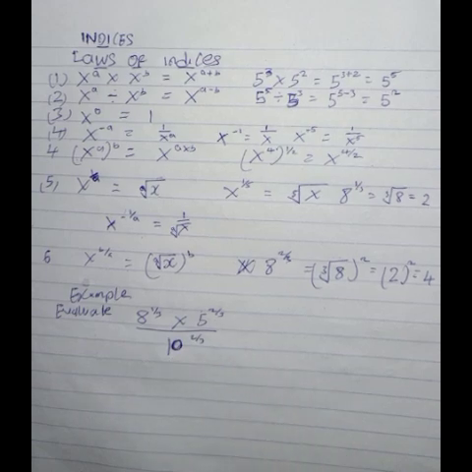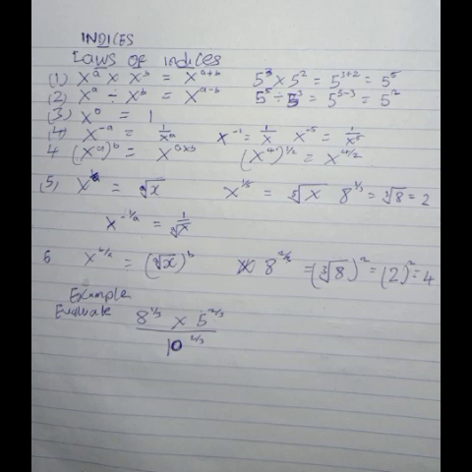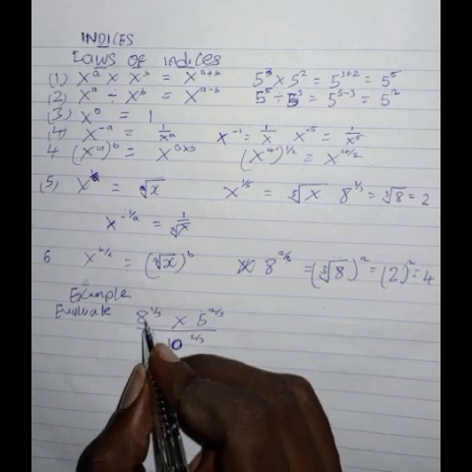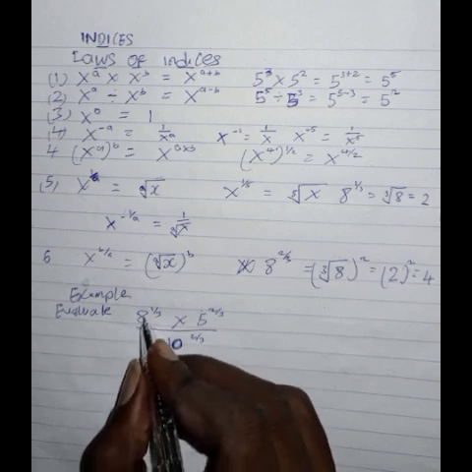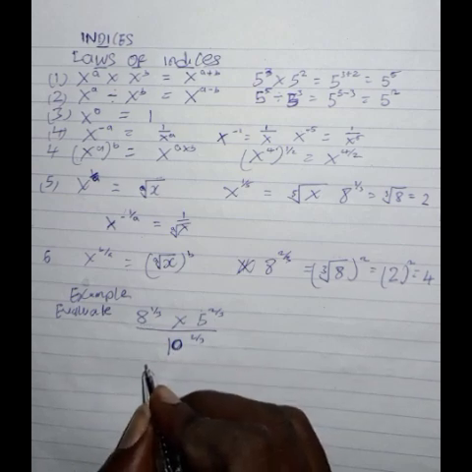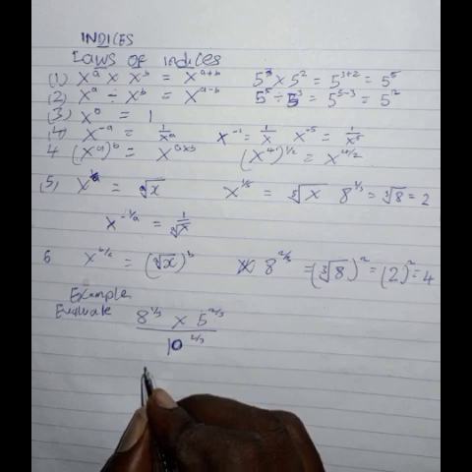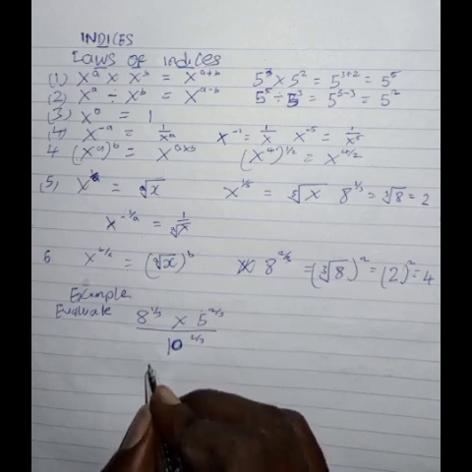So what do I do to make the bases the same? Then I can apply some of the laws. Now I can break this down: since this is 8, let's take the cube root of 8 first.